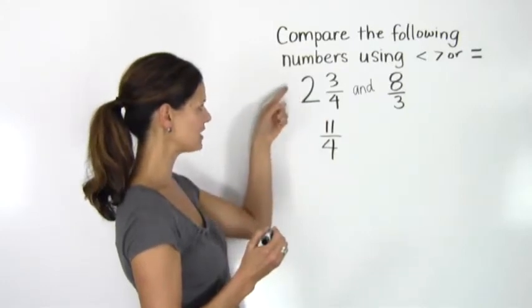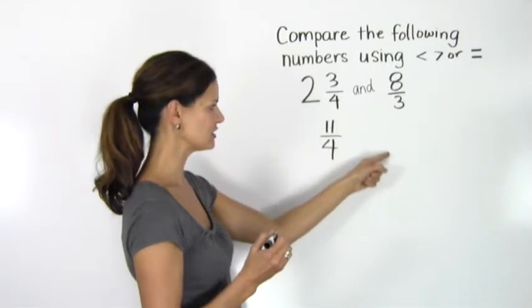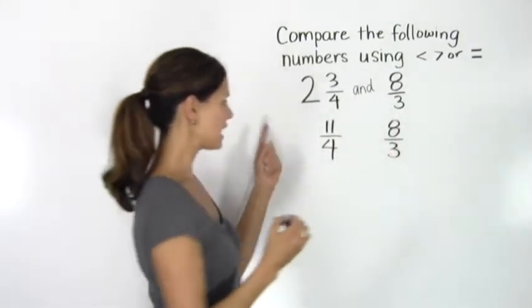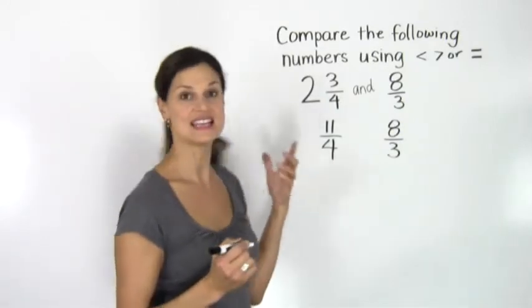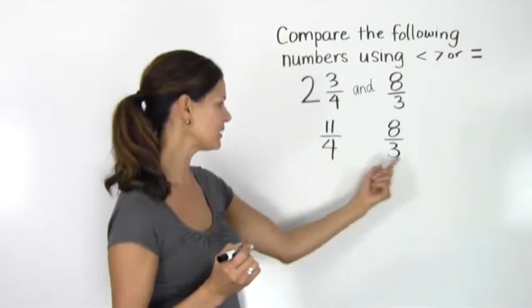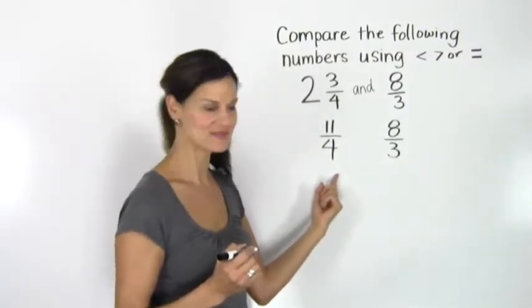So now I'm going to compare 11/4 to 8/3. I can either do this by cross multiplying or by finding a least common multiple of my denominators. I can't compare these as they are right now because they don't have common denominators.